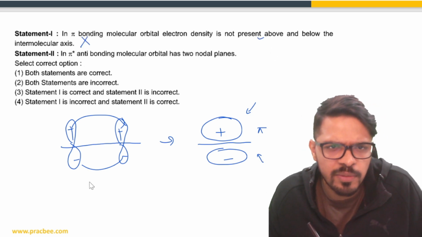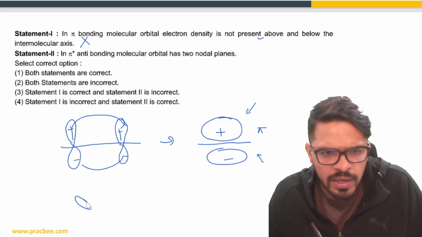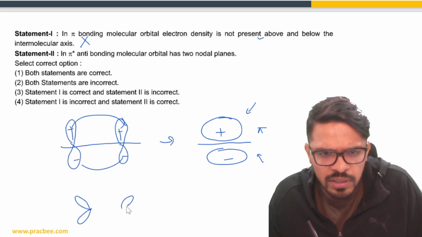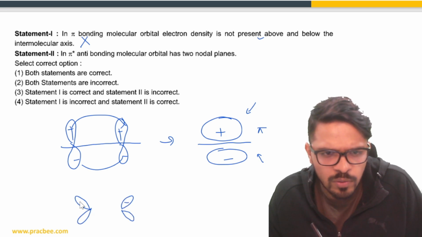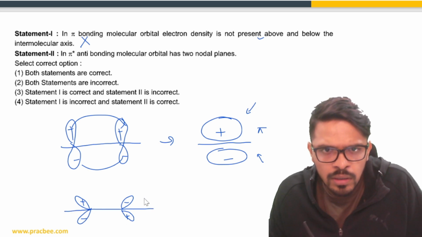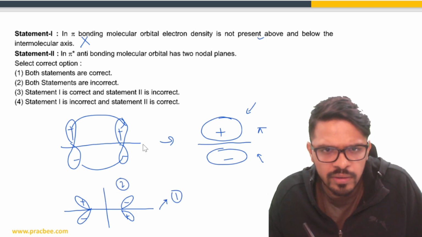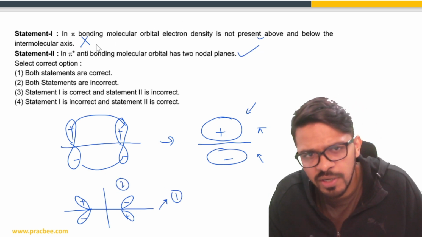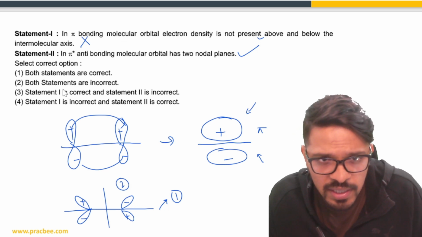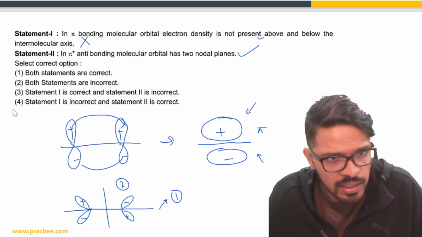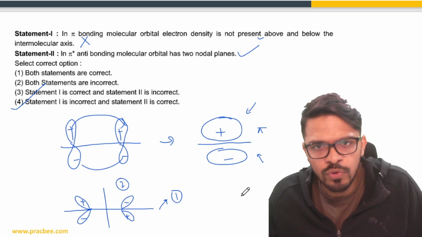This is an incorrect statement. In pi star, the lobes will be away from each other. As the sign is opposite, they want to be far away from each other. There are two nodal planes, this is one nodal plane and this is the second nodal plane. The first statement is incorrect, the second statement is correct, and the fourth option is right.